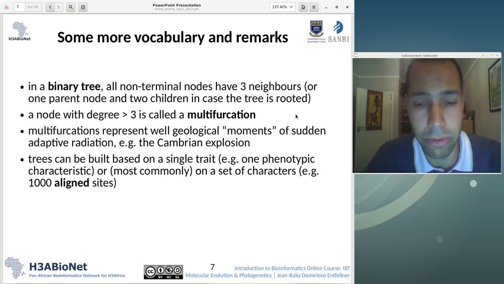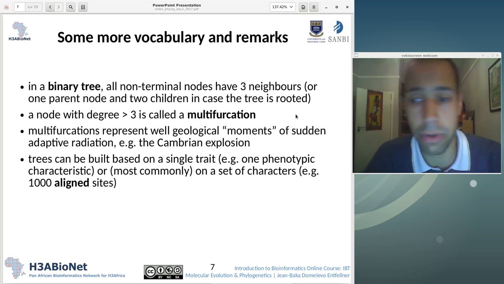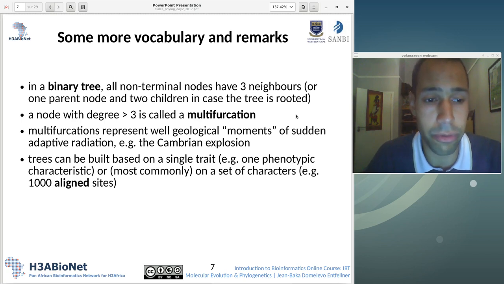So it's not easy to pinpoint what is the moment of speciation, where is the node exactly in terms of its placement on the time scale. But okay, when we have uncertainty about whether a speciation event happened prior to another one or the other way around, then it's understandable that we'll get a tree with a multifurcation.